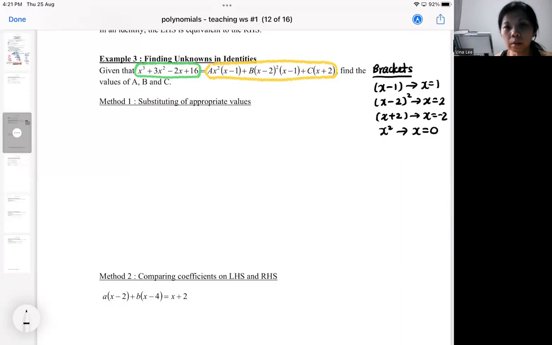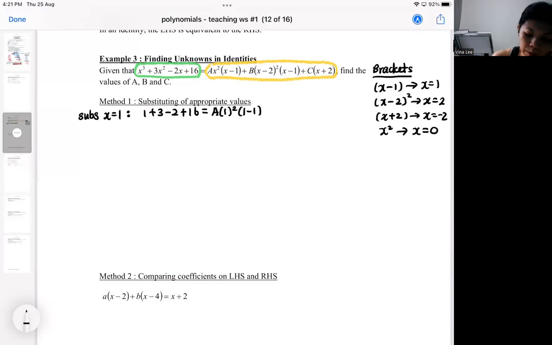So in this question, I can choose to sub x equal to 1. You sub it on the left, and you sub it on the right. As you sub it on the right, you should observe that you got a lot of zeros.